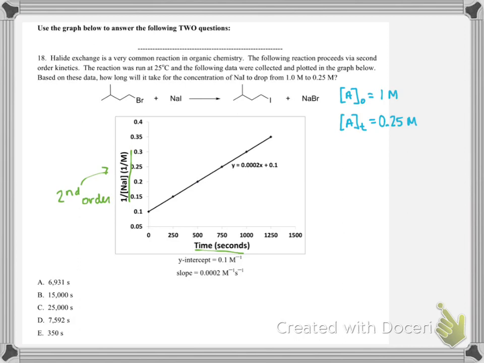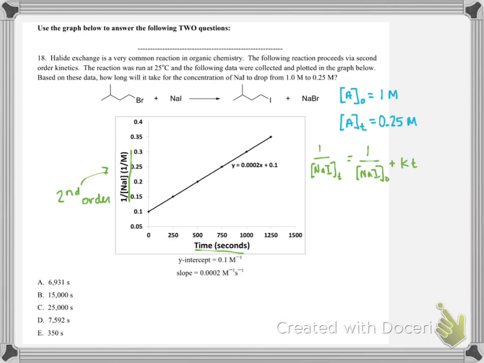And so I'm going to use the second order integrated rate law to solve this. So that will be 1 over the concentration of sodium iodide at whatever later time, equal to 1 over its initial concentration, plus Kt. And they've given me those concentrations here.